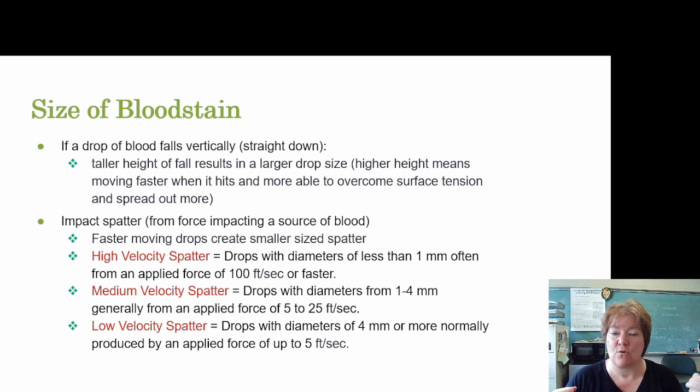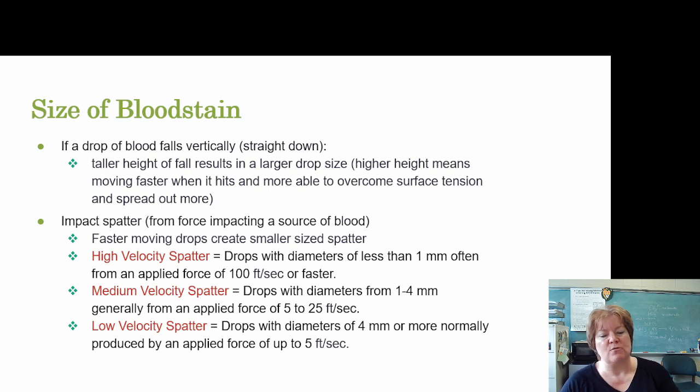So that means it's going to be a bigger drop. But that's only if it's going directly vertical. If it is going somewhat sideways, then we see that the faster moving drops actually create smaller size spatter. So it's like, wait, did you just say the opposite thing? Yeah, I did. It's a little bit complicated.